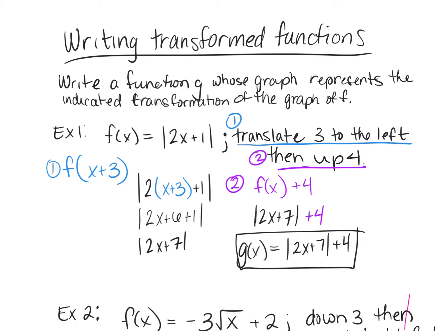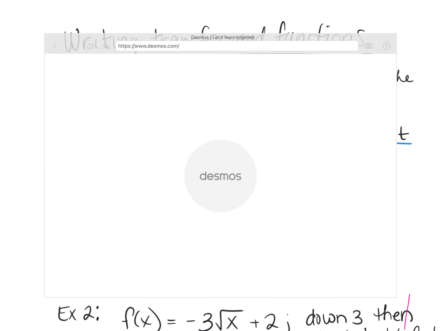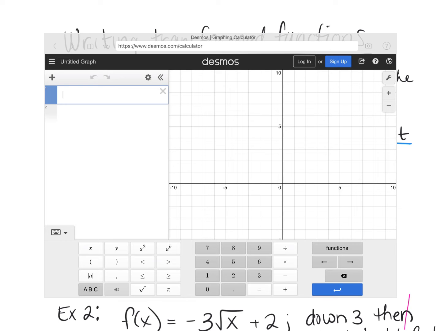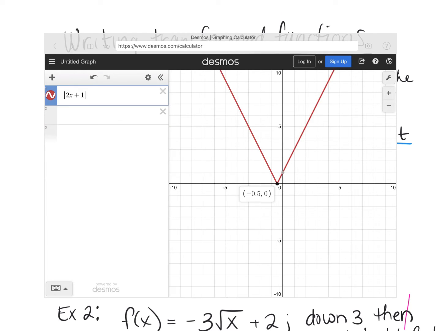Now, should we look at it in Desmos to see if it did what we wanted it to do? Yes. Okay. In Desmos, the original function was 2x plus 1. So there's the original. The vertex is there at negative 0.5.